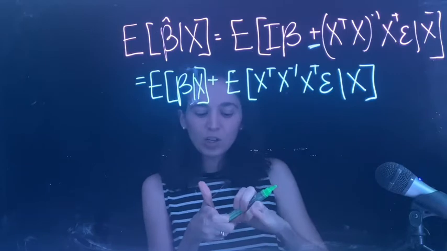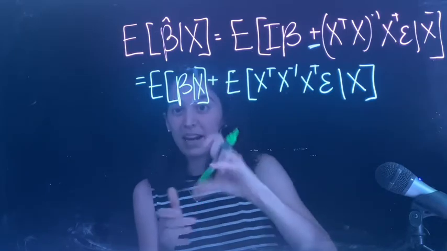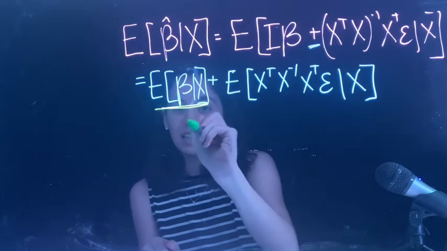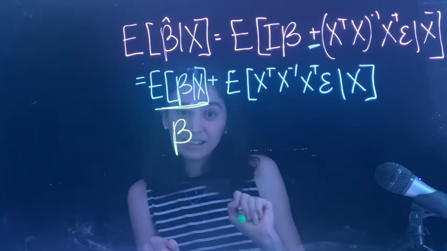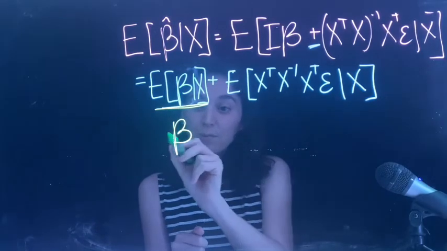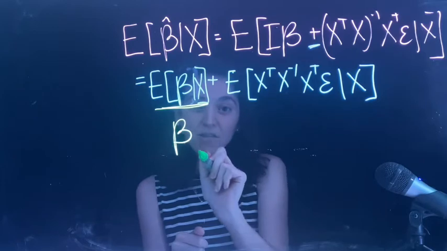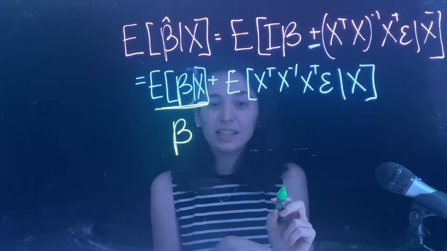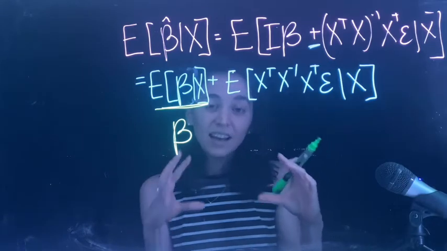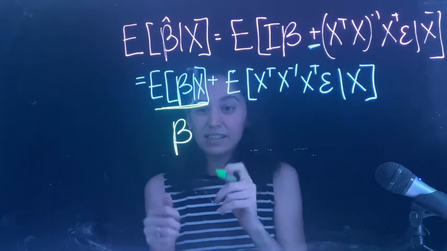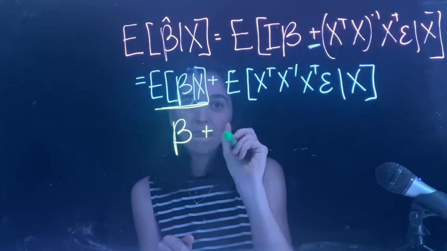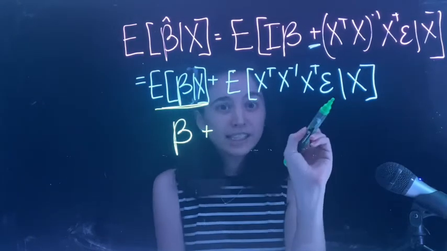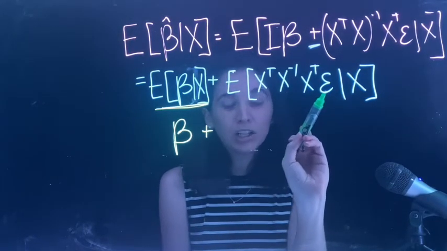So the expectation of beta given x is just going to be beta, because beta is fixed, so we can pull that out. It's like when you have the expectation of some matrix A that is a constant, it's just that constant. Now here, parts of this expression are random and parts are constant.